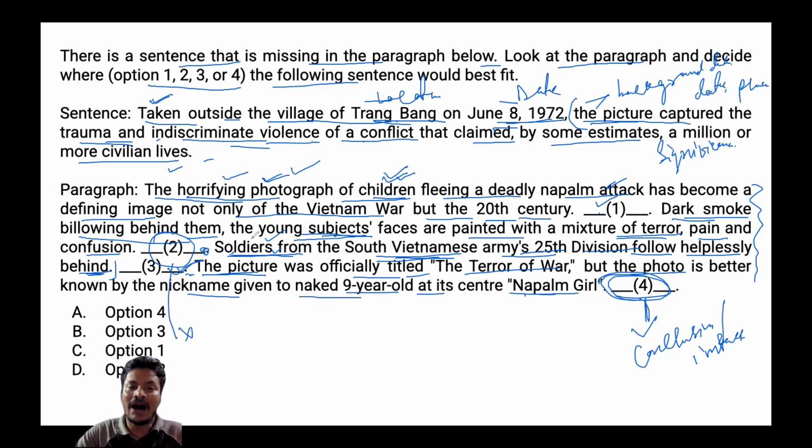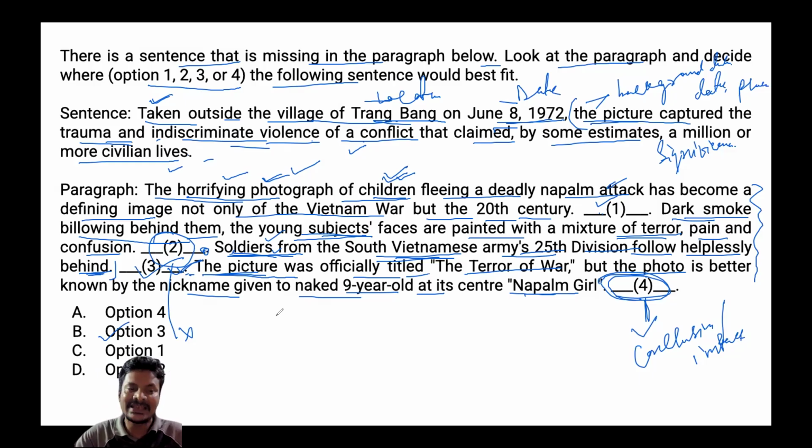But after the soldiers are mentioned and before the title of the photo is introduced, that is where the sentence fits appropriately. And that's how we know the answer is option 3, right? So that's the correct way to identify.